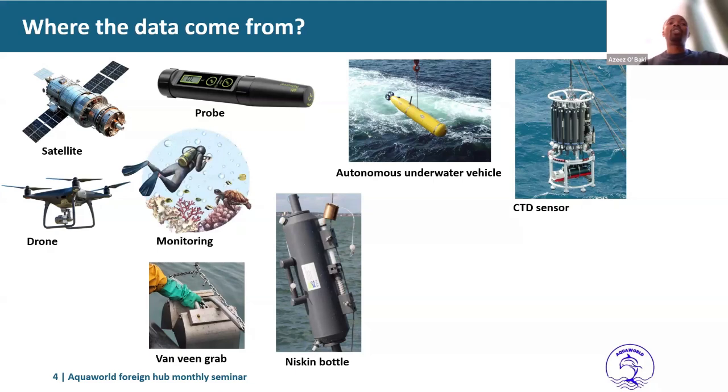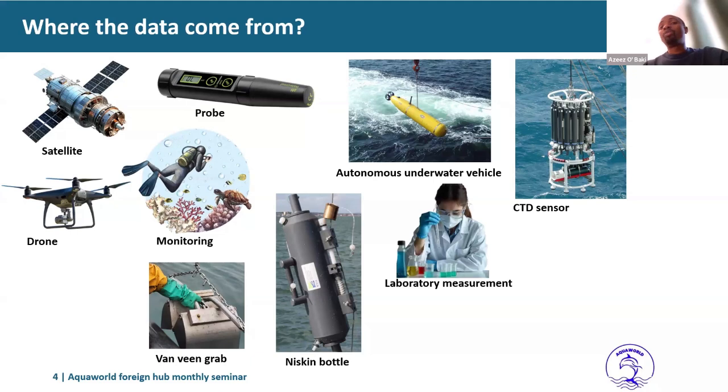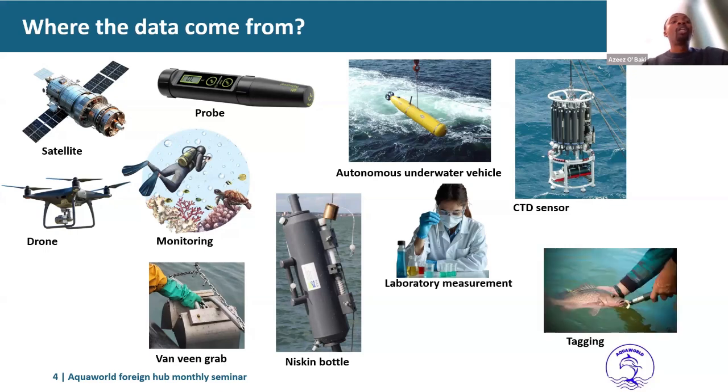Then we can also secure data from monitoring activities. It may be annual monitoring of a particular water body, or monthly, or weekly. From here, you get to know about the different species, the condition, and the different activities. Then we can also secure data from laboratory measurements, where you take the water sample to the laboratory and measure different parameters such as PFAS and other POPs.